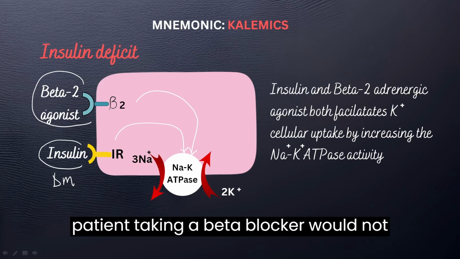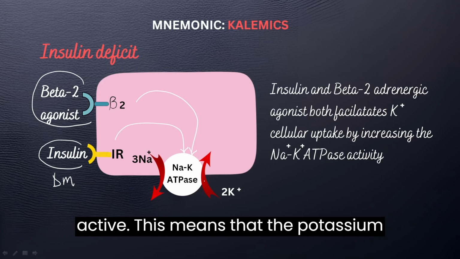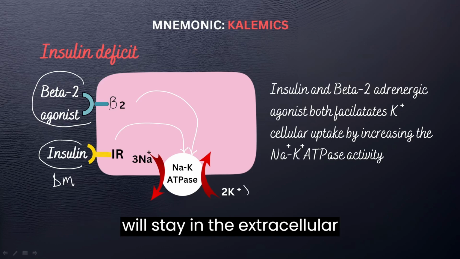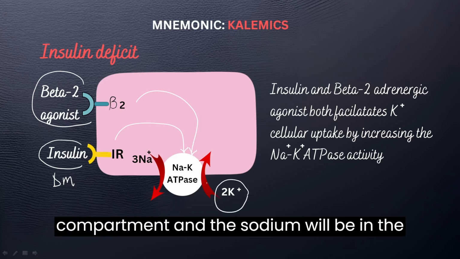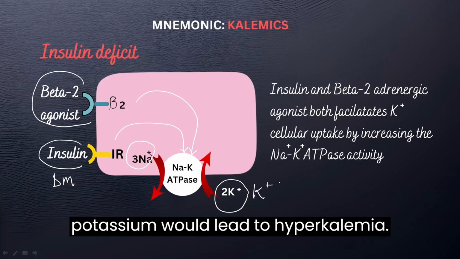Similarly, a patient taking a beta blocker would not have an active sodium-potassium ATPase channel. This means that the potassium will stay in the extracellular compartment and the sodium will be on the opposite side. And this is where the potassium will lead to hyperkalemia.